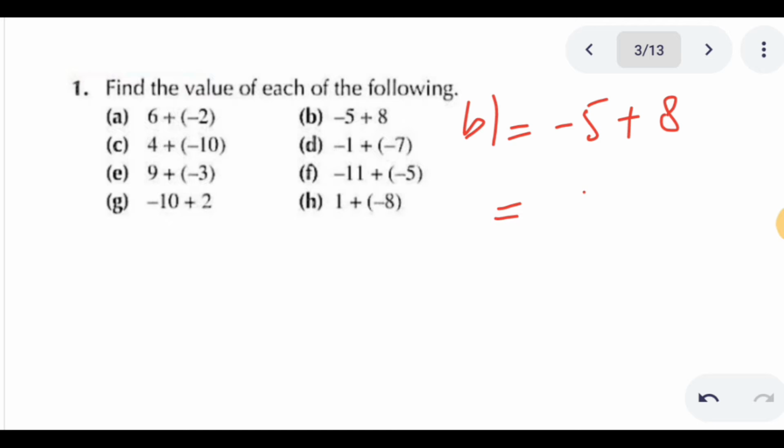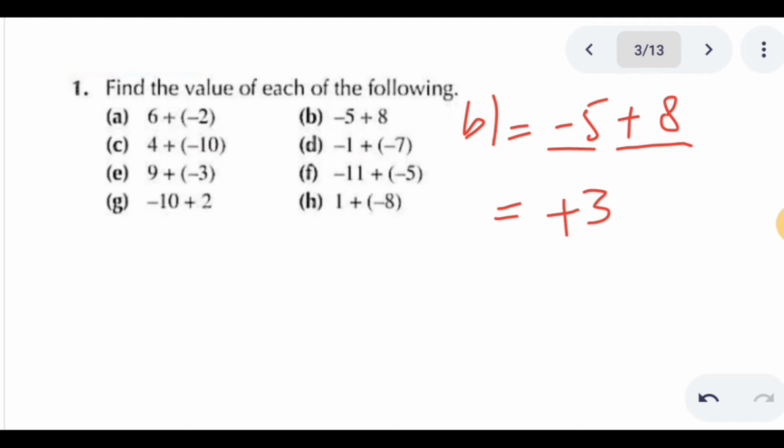So it means we are going to subtract 5 from the number 8 and the answer will be 3. Now the sign with the 3 will depend upon the sign with the bigger number, like plus is with 8 and minus with 5. Because 8 is the bigger number and it has the plus sign, the answer will be plus 3.